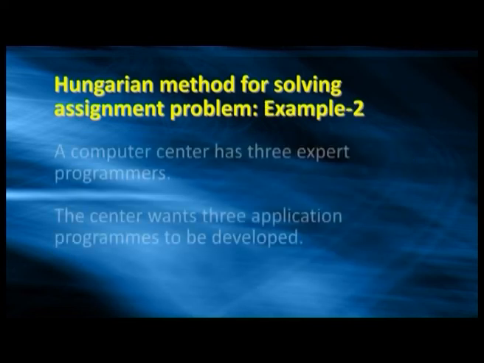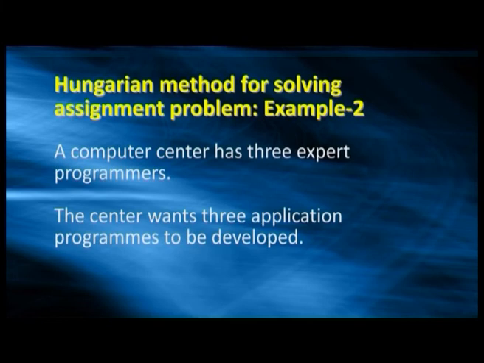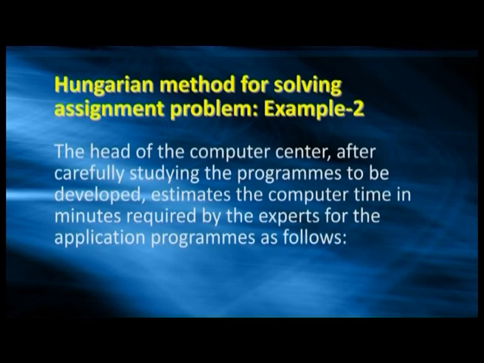Example 2. A computer center has 3 expert programmers. The center wants 3 application programs to be developed. The head of the computer center, after carefully studying the programs to be developed, estimates the computer time in minutes required by the experts for each application program as follows.